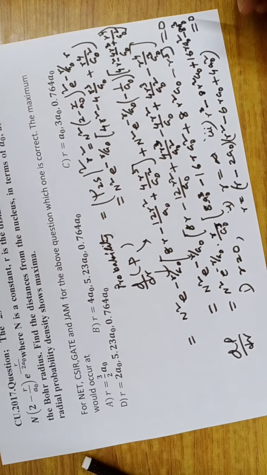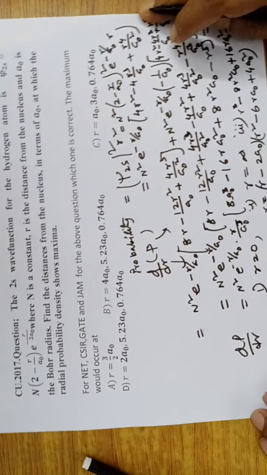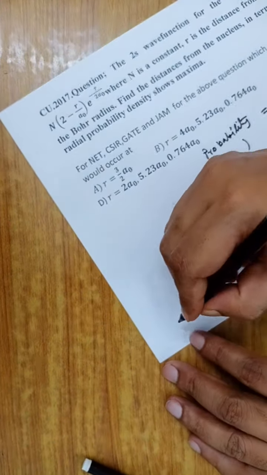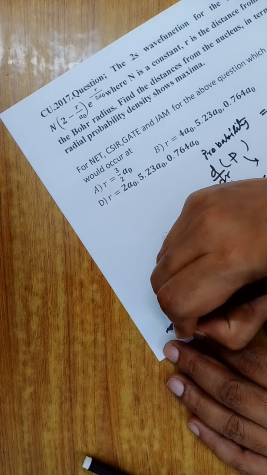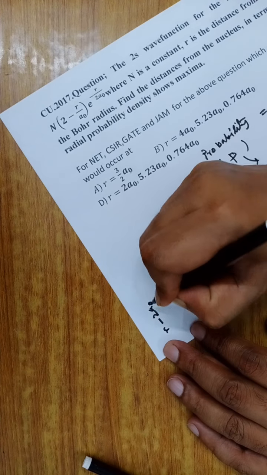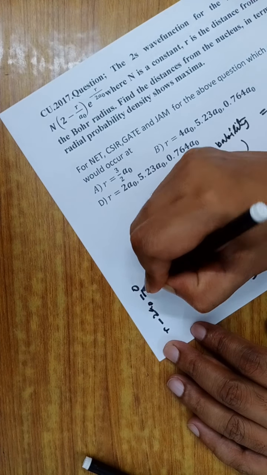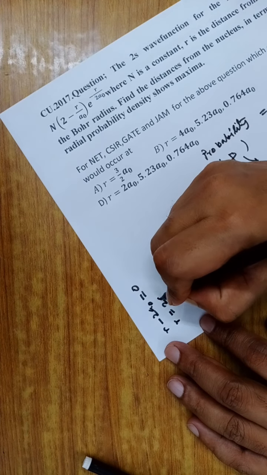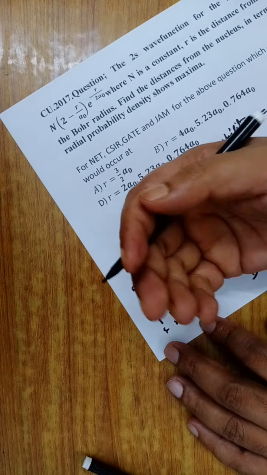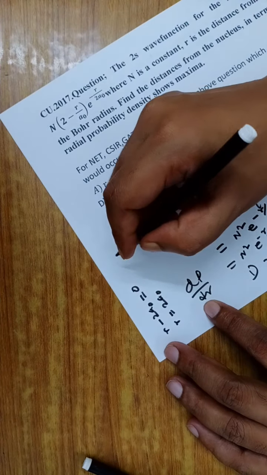What will be the value? Now r minus 2a0 equal to 0, or r equal to 2a0. This is one possible value.